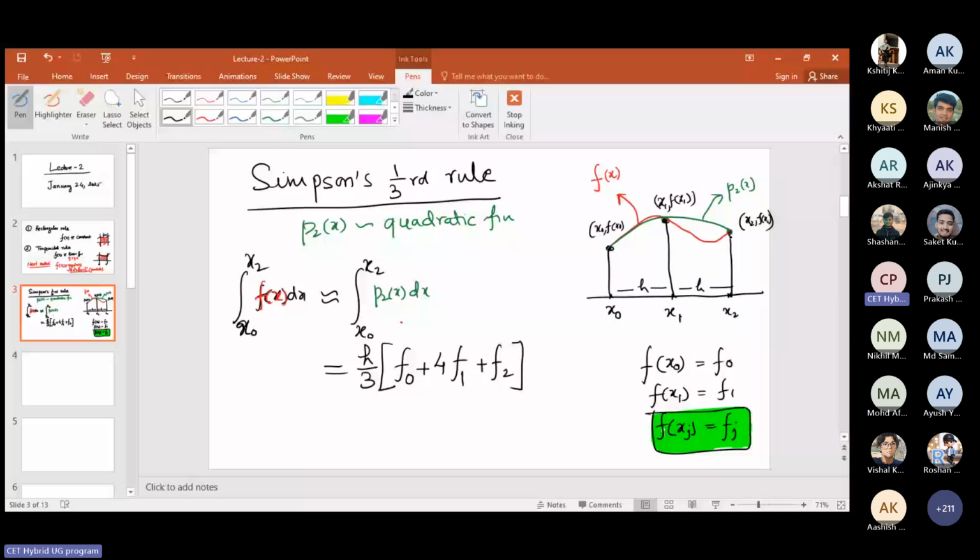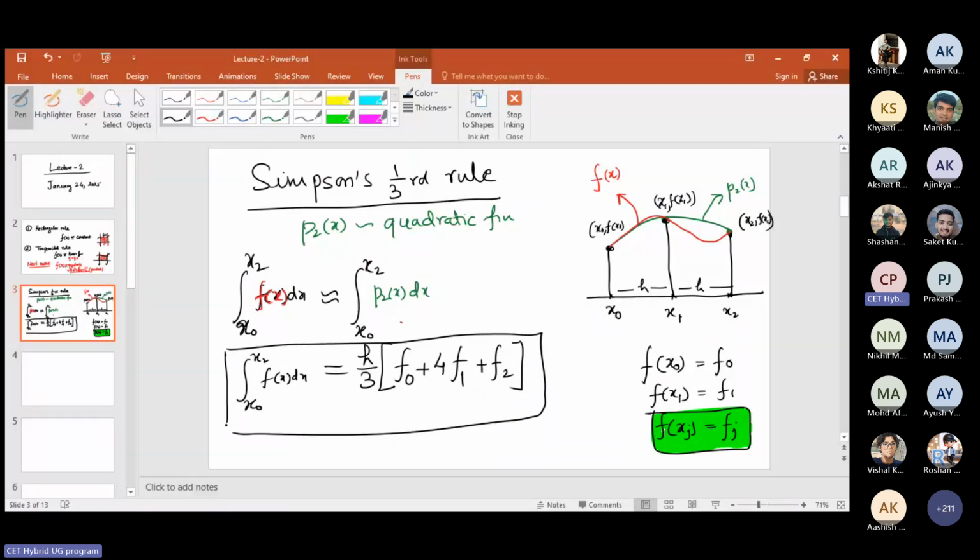If I add up these values, then I will get the approximate value of the integral f(x) dx from x0 to x2. Notice carefully the limits here, x0 to x2. So this is our Simpson's 1/3 formula.